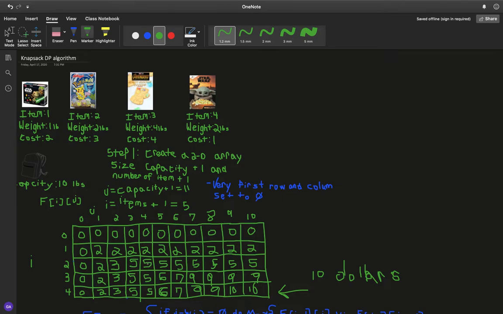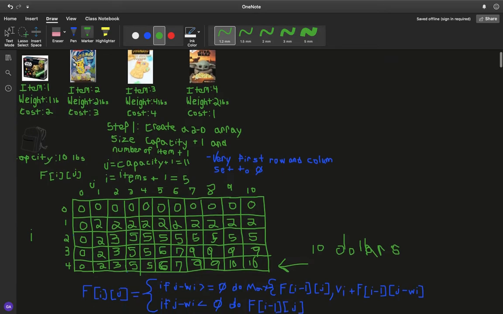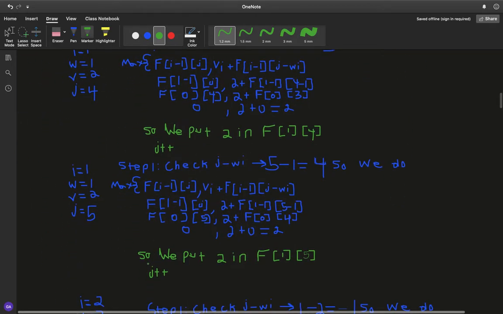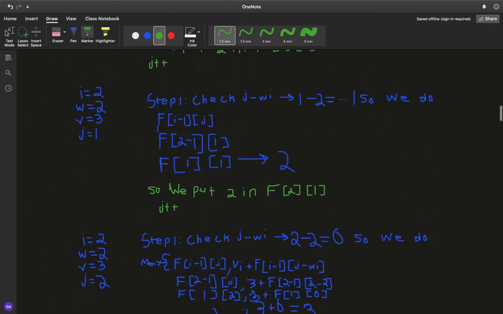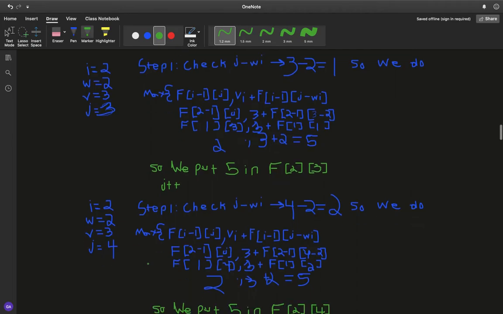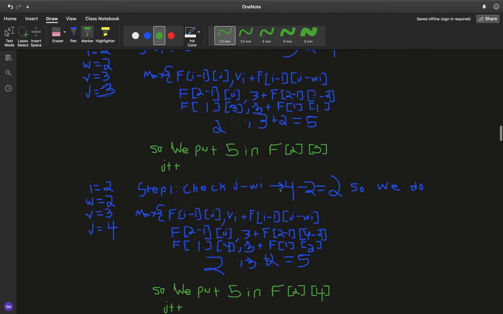So I'll explain one more, then I'll explain how I got the rest. Now j is 4. So we check 4 minus 2 is 2. 2 is still greater than 0, so we find the max value between these two equations. The only thing that changes is the j here. So f sub 1 of 2 and f sub 1 of 4.